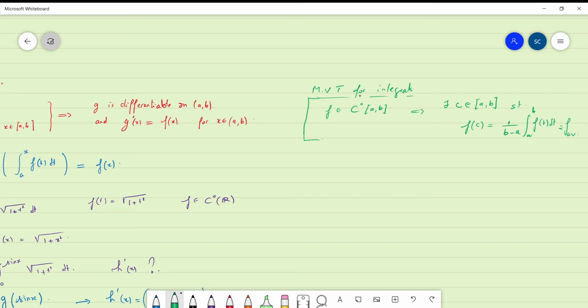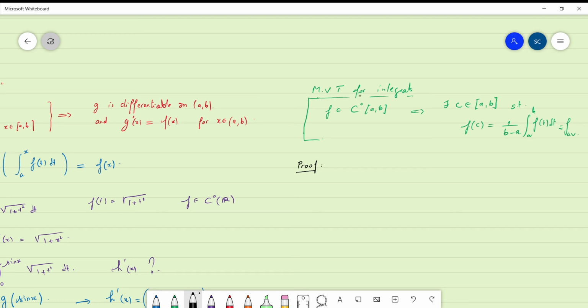Okay. So I would like to give you a hint of the proof because it's very simple, and you will see it uses the previous theorems you know. Let's give it quickly.